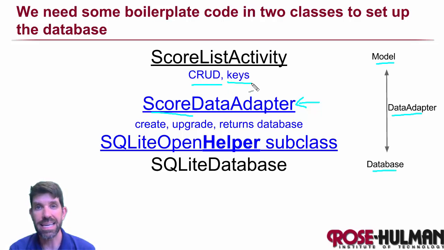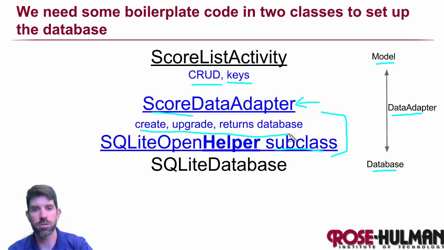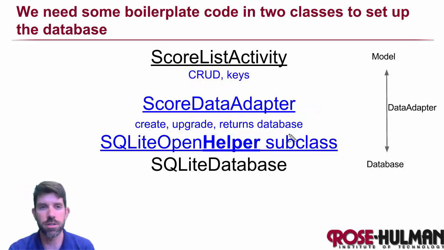It's also going to give us the keys that we're going to be using for our database, the other constants, and so on. And then within that, we're going to have a little subclass here that is a SQLite Open Helper, right? And that's actually what's going to create and upgrade and return the database, right? So a lot of really sort of grunt work that we don't want to have to do.